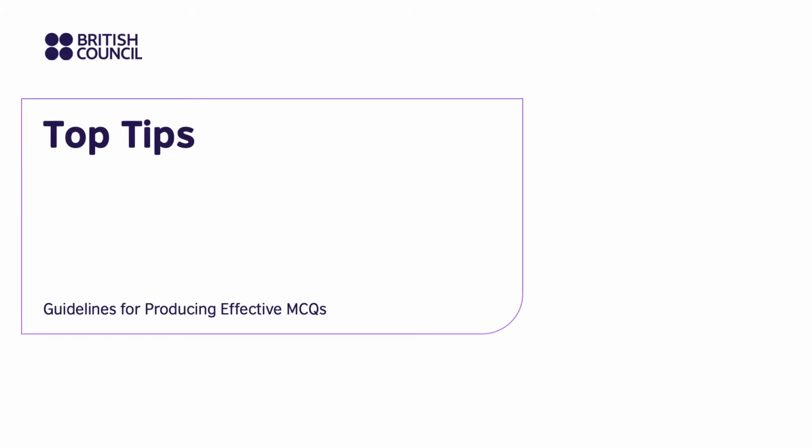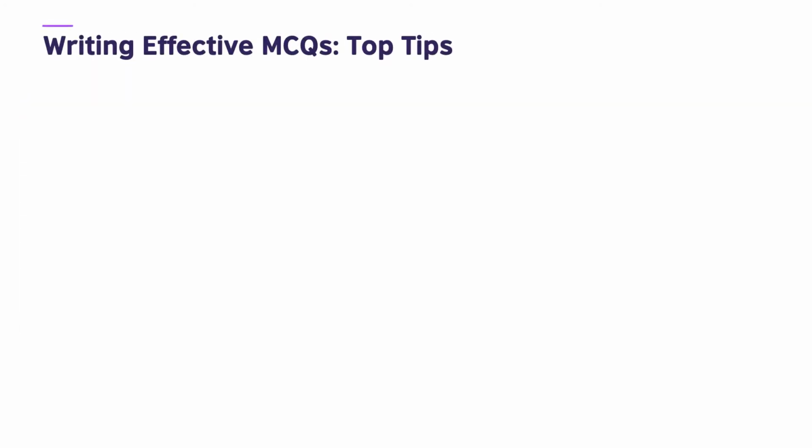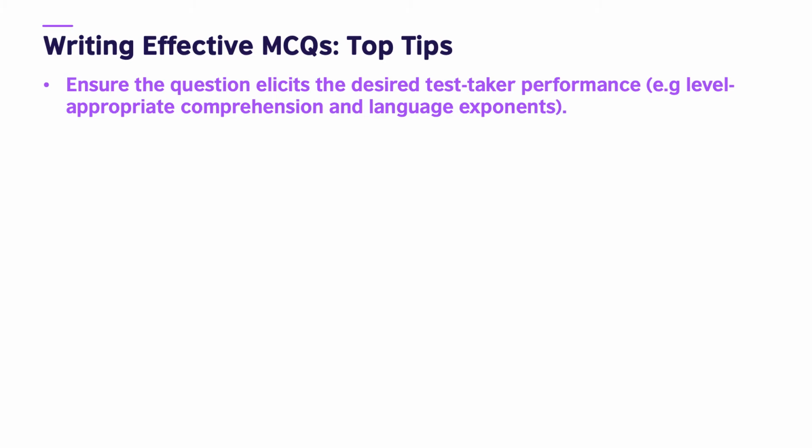Here, we will look at some top tips which should help you avoid the most common mistakes. Here are just some of the things you should always keep in mind. Firstly, make sure that the question is appropriate for the level.